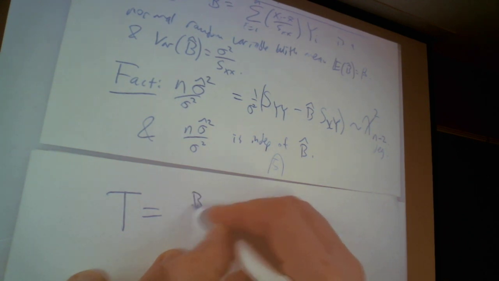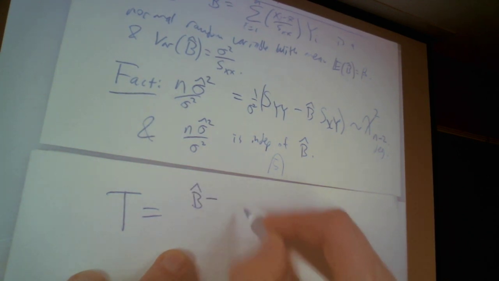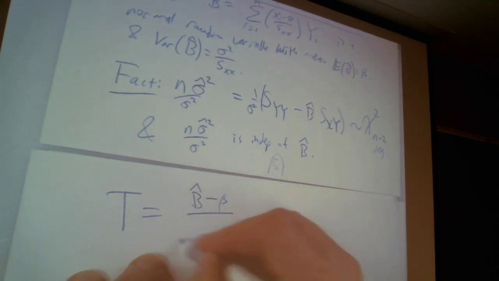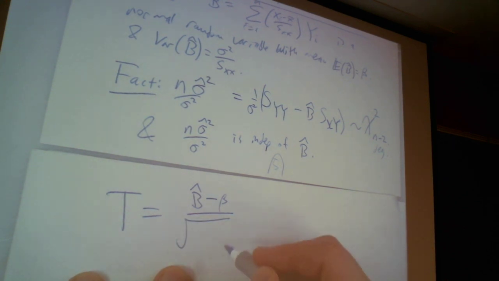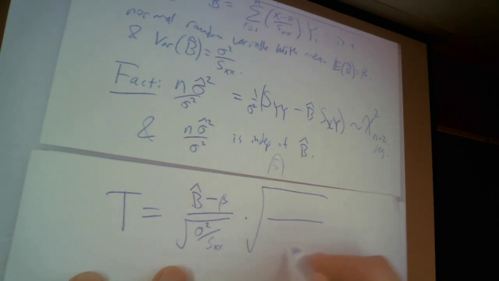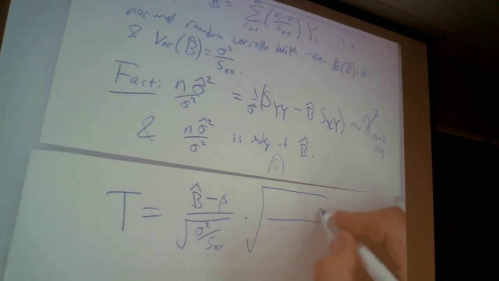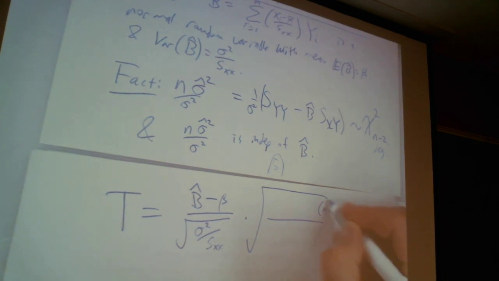B hat. What's its mean? Beta. What's its variance? Sigma squared over SXX. And if I divide this by the square root of a chi-squared random variable divided by its degrees of freedom, so what's the degrees of freedom of my chi-squared variable?